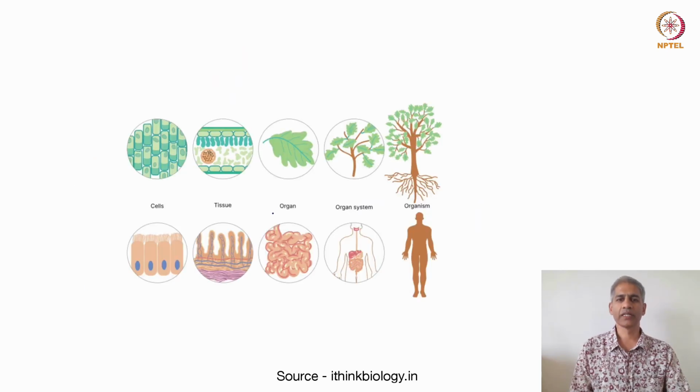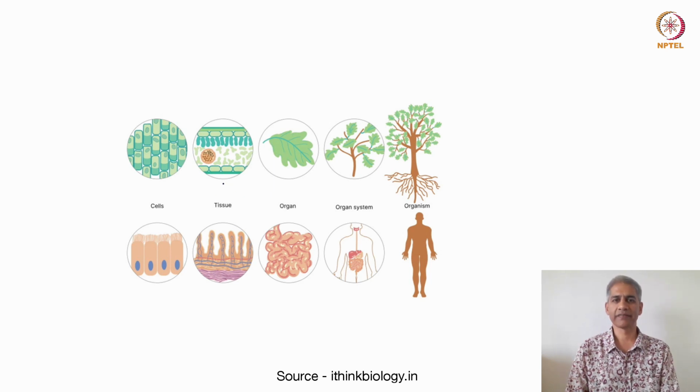Another reason to know these sizes is because biology works on kind of a hierarchy of levels. So you go from cells, which is the unit of biology, and different cells come together to make a tissue. Shown here is the same kind of hierarchy for plants or animals.